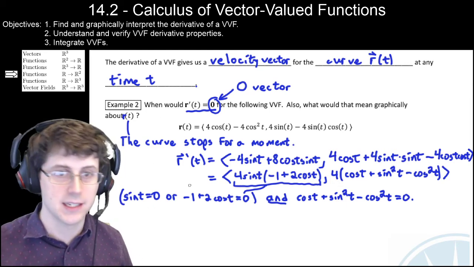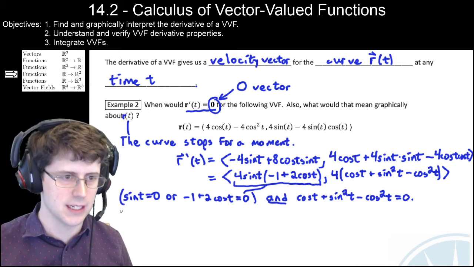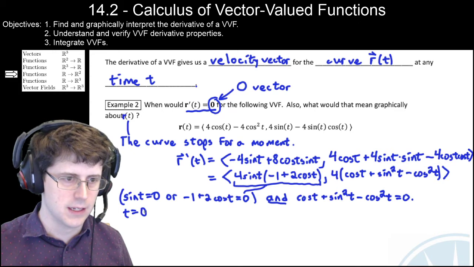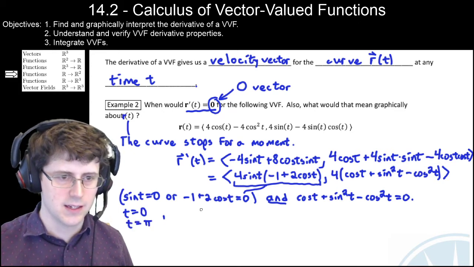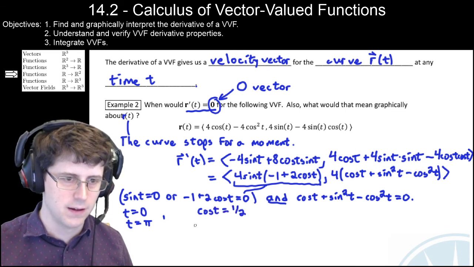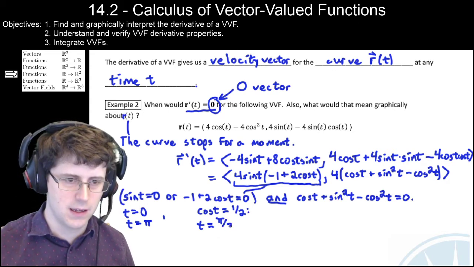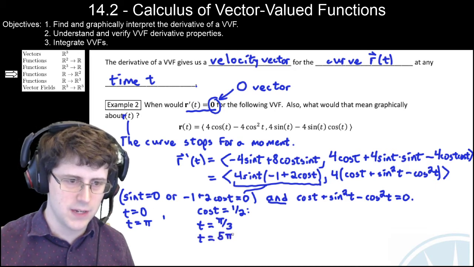So what are these? We'll just look between 0 and 2 pi. So this is 0 and pi for t. This one we need cosine t to be a half. That's at, what, pi over 3 and 5 pi over 3.